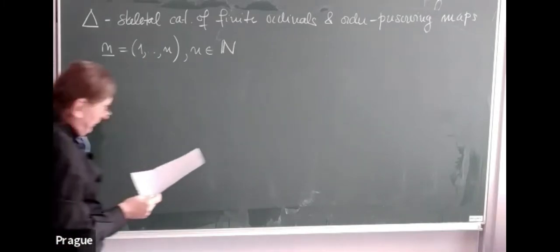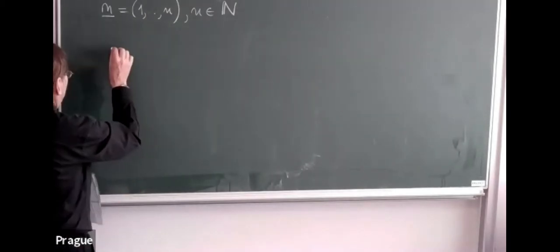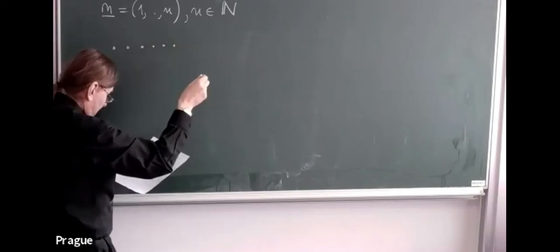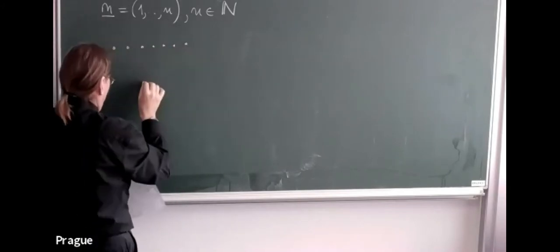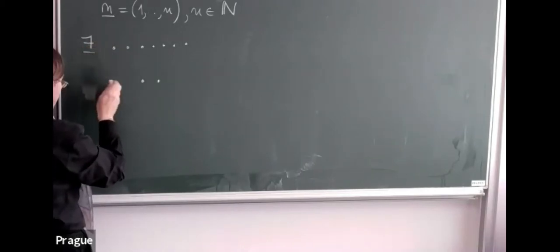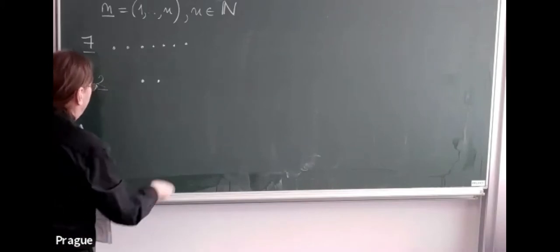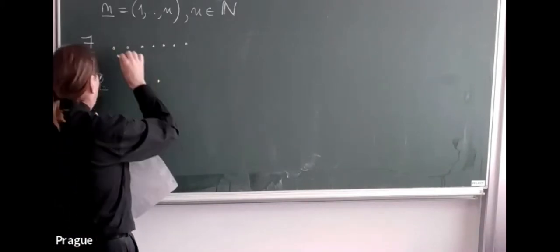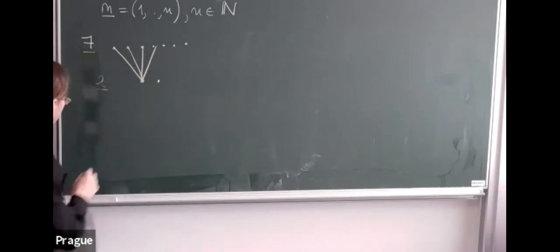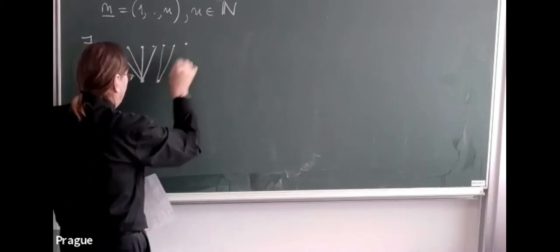For example, 1, 2, 3, 4, 5, 6, 7, and 1, 2. So this is 7, this is 2, and the map may be something like this. The first 4 elements are taken to the first element of 2 and the remaining to the second one.